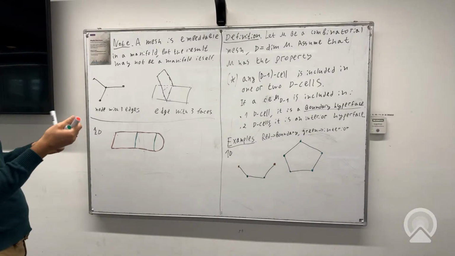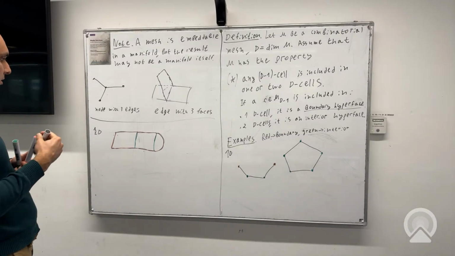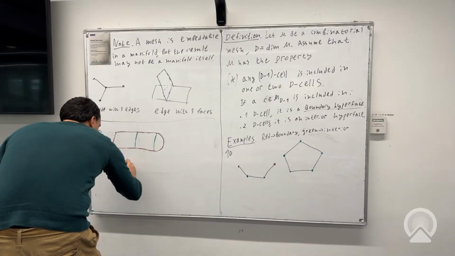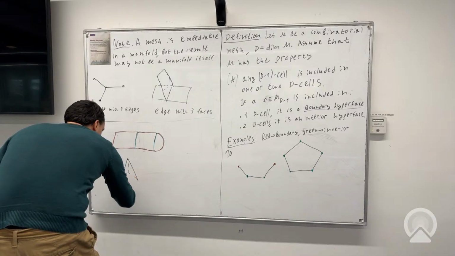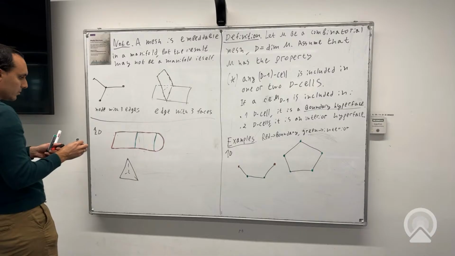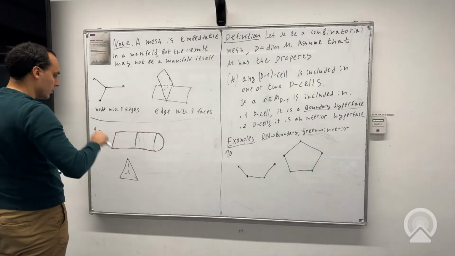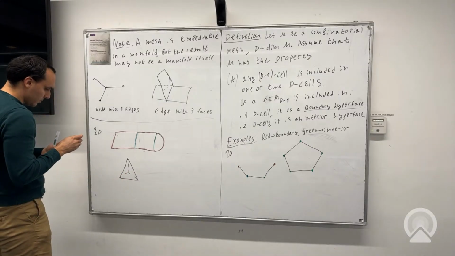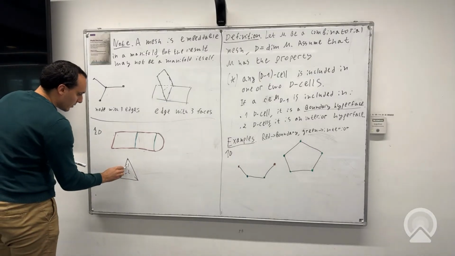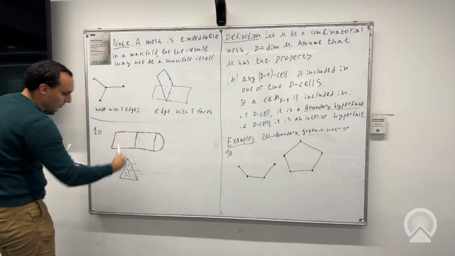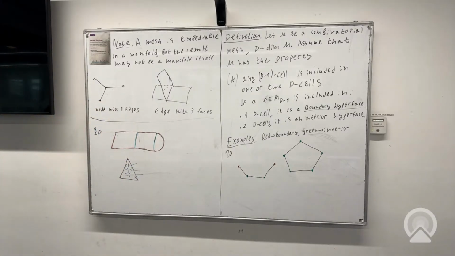But if it's the boundary of a tetrahedron, for example, it's all interior cells: here, here, here, and the one facing me.